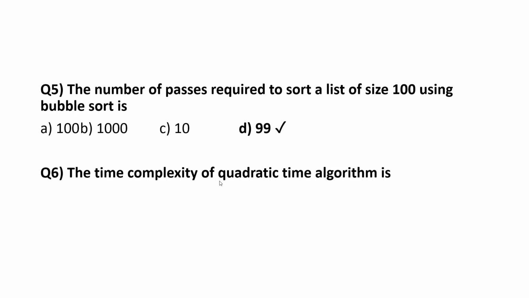The time complexity of a quadratic time algorithm is, again the question appeared many times, so you can expect any question from quadratic time. Remember the time complexity, the three time complexities you have to study and understand. So, what is the time complexity of quadratic time? It is n square.